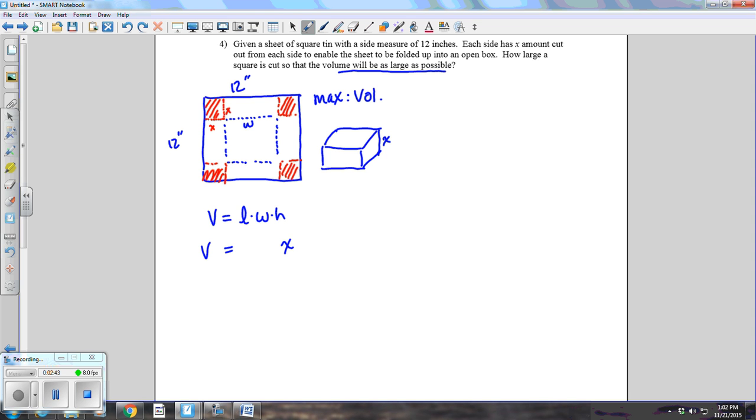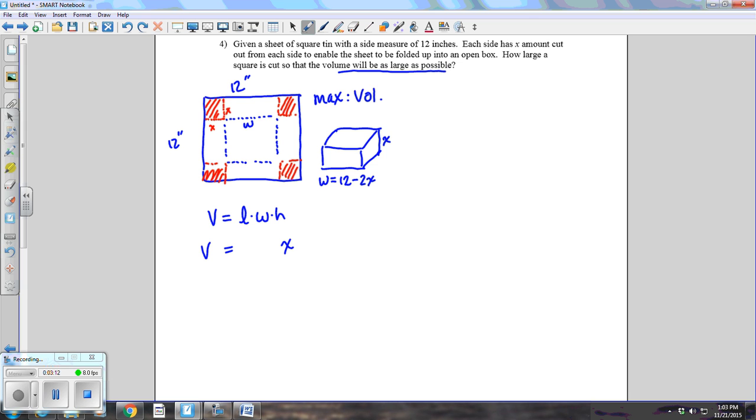And it looks like the width of the box is missing two pieces, missing those two little red x segments. The original length of the original piece of tin was 12 inches. So it looks like I can call the width of the box the original 12 from the square of tin foil, and then subtracting out two x values, or two little x segments that I cut out.